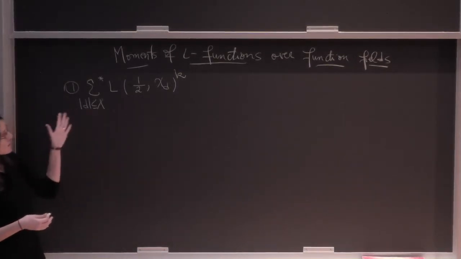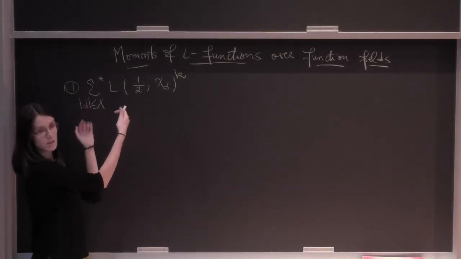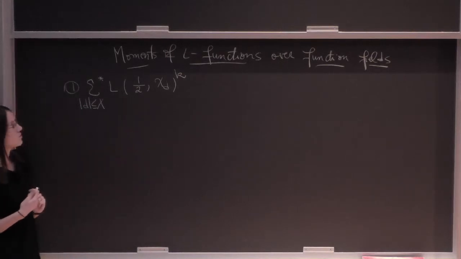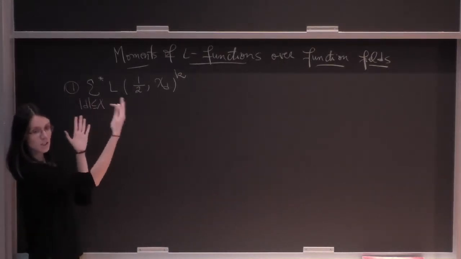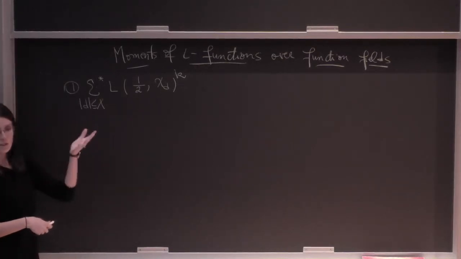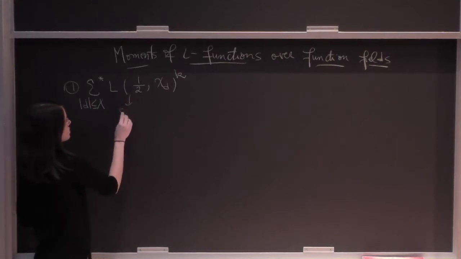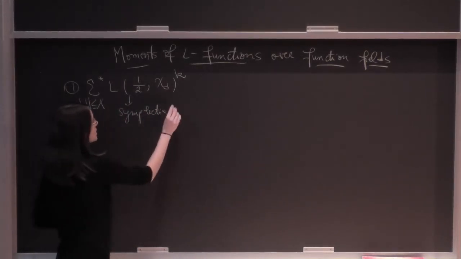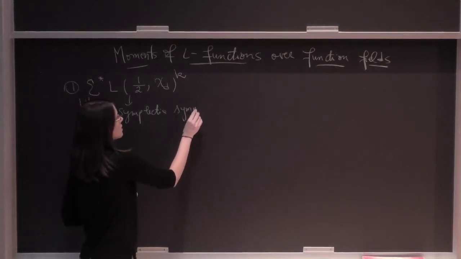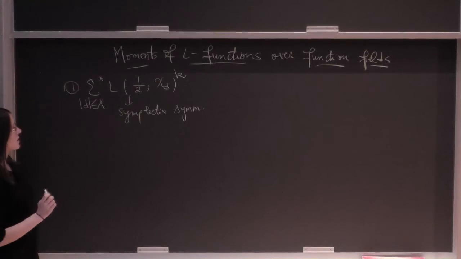Inspired by these conjectures of Katz and Sarnak, Keating and Snaith thought of modeling these L-functions by characteristic polynomials of random matrices. Their idea was to compute the kth moment of the characteristic polynomial in a unitary group, or in our case, since this is a family with symplectic symmetry, over the unitary symplectic group.